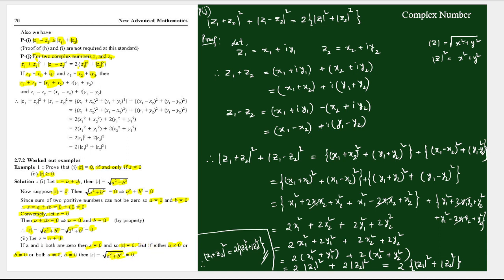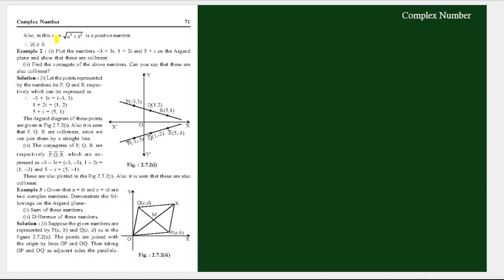So we can say that in this case it is a positive number. So modulus of z is greater than or equal to 0.